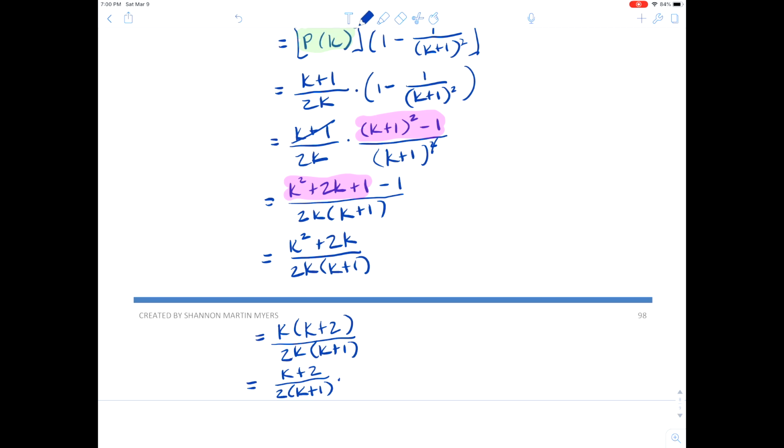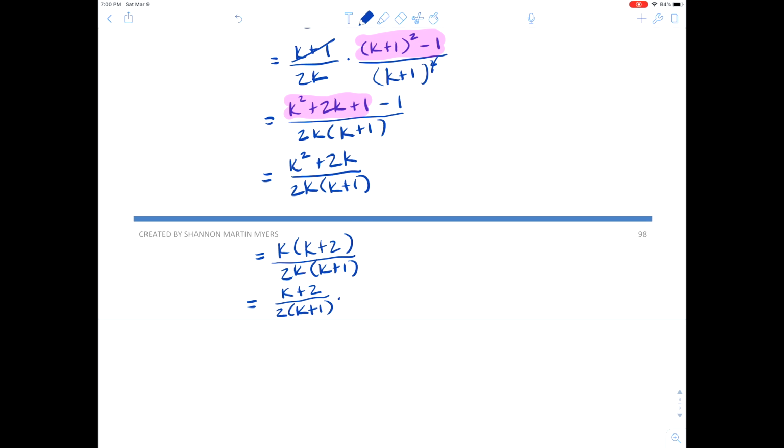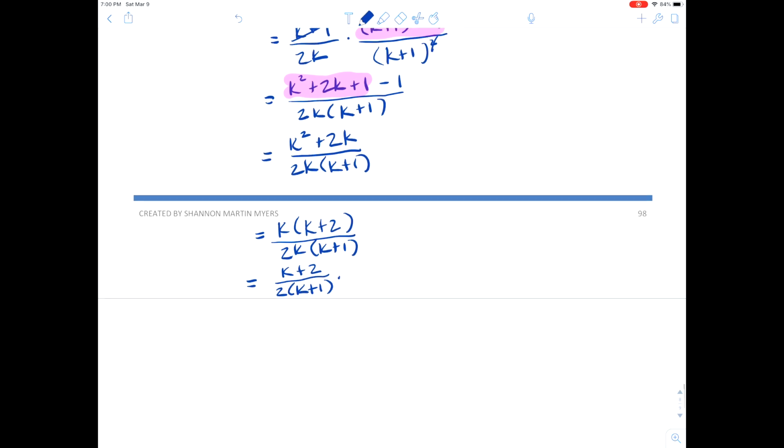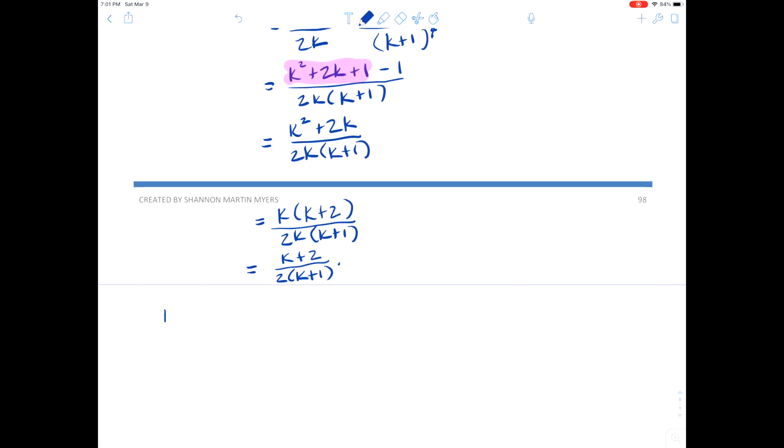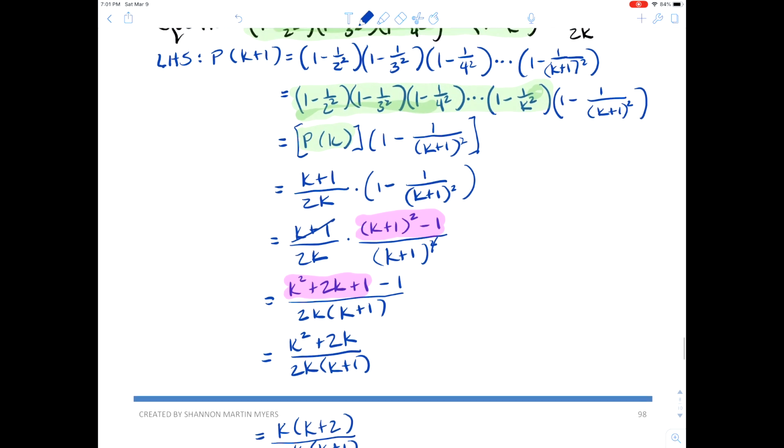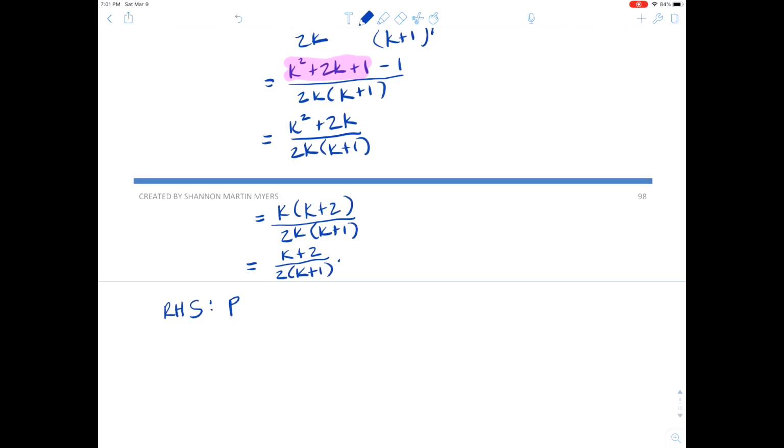All right, so continuing, we will have the right-hand side. So our P(k plus 1) on the right-hand side is going to be (k plus 1 plus 1) over 2 times (k plus 1).